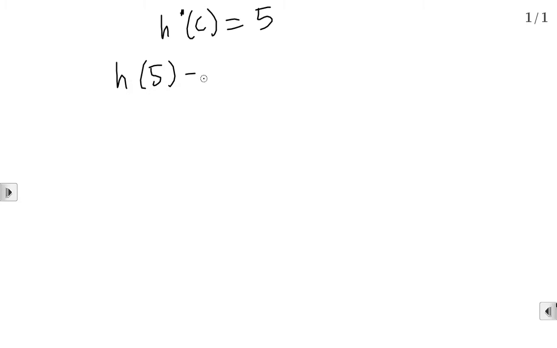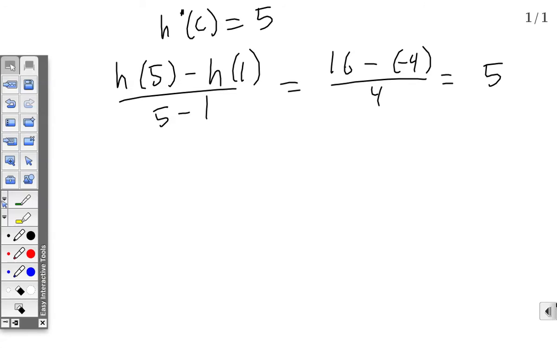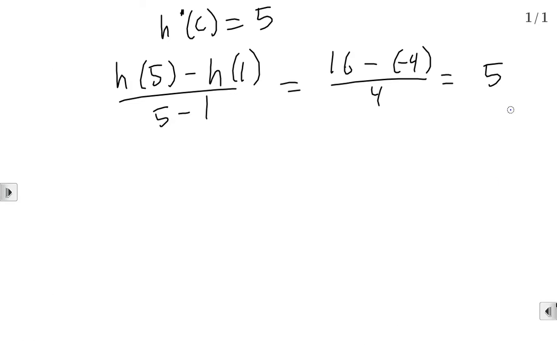For the mean value theorem, you have to show that the AROC is a certain amount. So we're going to work out the AROC. These two numbers we actually just got from the last problem. They were 16 and negative 4, respectively. And so this works out to be 5. So we've shown that the average slope is 5.